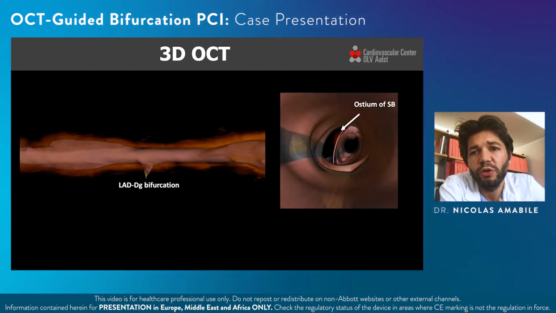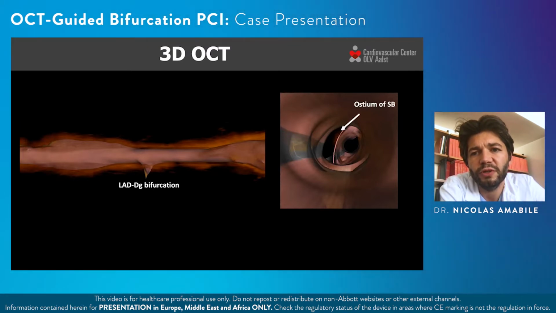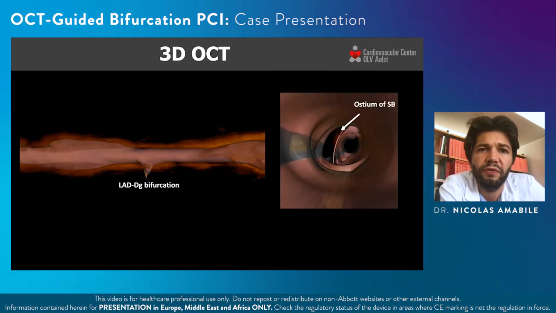I think when we get in-stent restenosis, it's very important to perform an OCT to analyze first if it's neointimal hyperplasia or if it is neoatherosclerosis, because then the treatment will be quite different. And also to analyze the reason for in-stent restenosis.